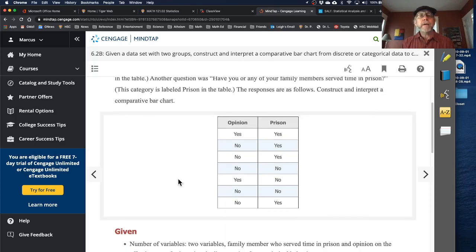So we have, let's see, 1, 2, 3, 4, 5, 6, 7 individuals in the sample, and they gave a response to each of those questions. Do you believe folks who are released after 10 years are likely to commit a crime again? That's the opinion response. And have you or a family member served time in prison? That's the prison response. So we'd like to understand this data.